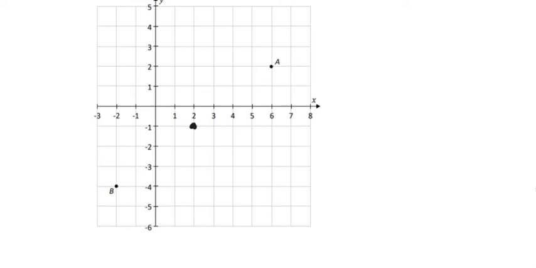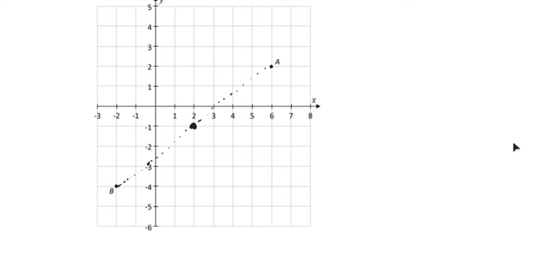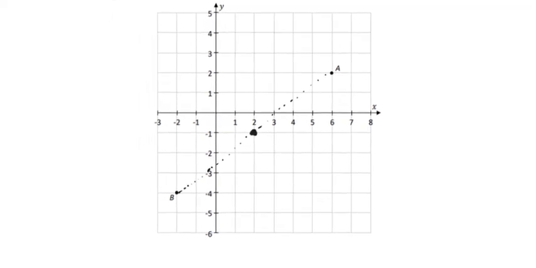So it's there. You could draw a line from A to B if you want, a straight line with your ruler. That's the diameter of the circle. So because of the diameter of the circle, it has to look kind of something like that. That's very rough. But what you'll do is you'll put your compass on the center point here.